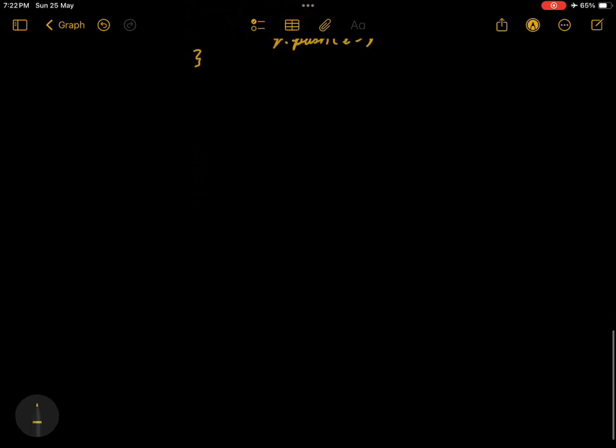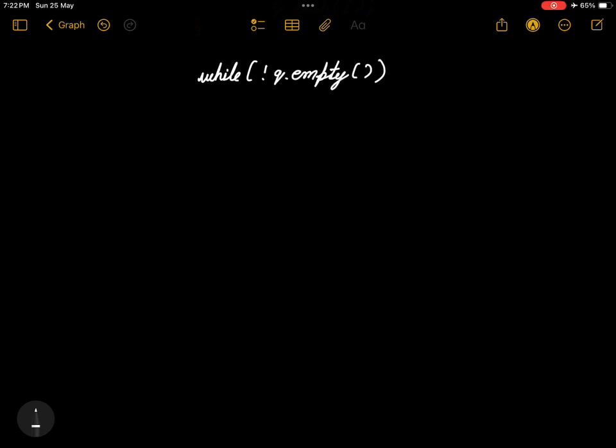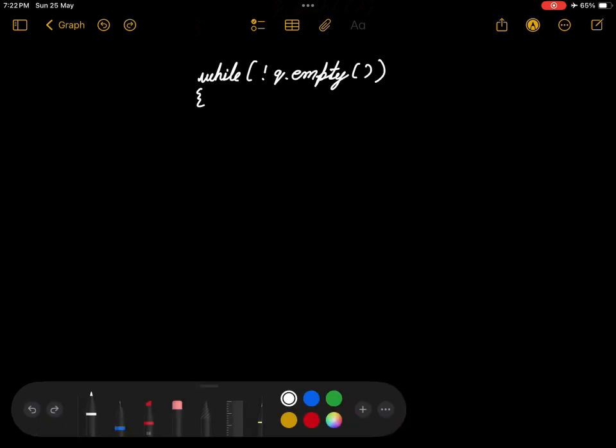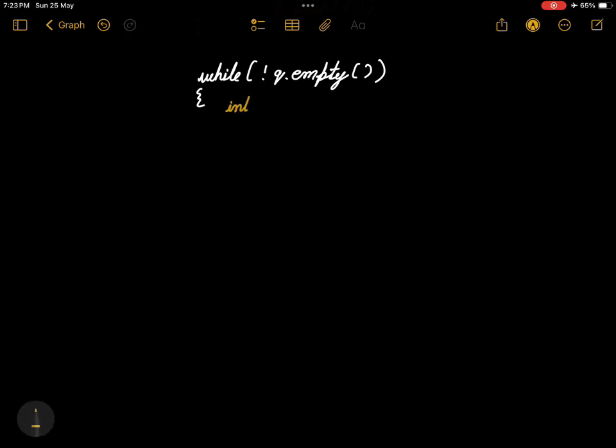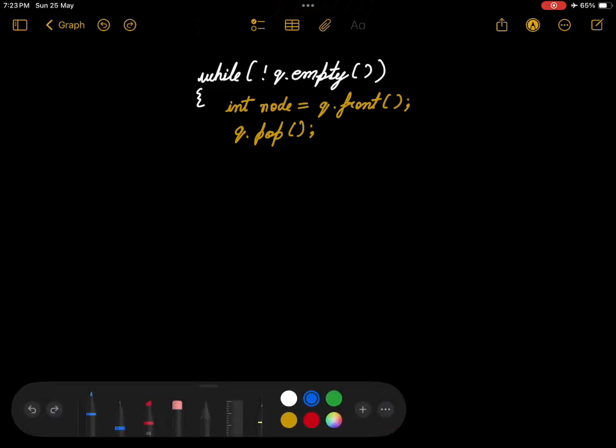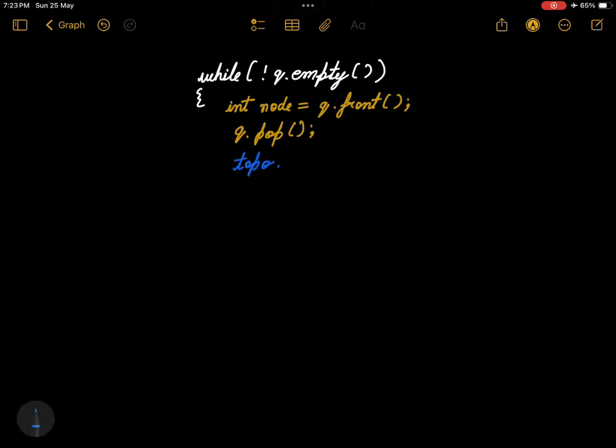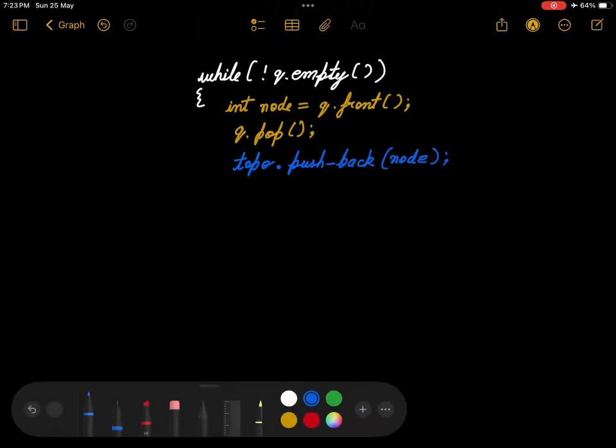Now let's move to step 3. Let's start our BFS traversal, while loop, while queue is not empty. First we will get the node, node = q.front. Then we will pop it out. Then we will process this node, we will push this node into our topo sort vector.